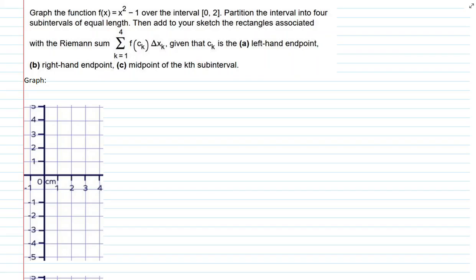Notice that in our partition of the interval into 4 subintervals, then add your sketch, the rectangles for the Riemann, and then do a left-handed endpoint, a right-handed endpoint, and the midpoint. And all we're doing is sketching.